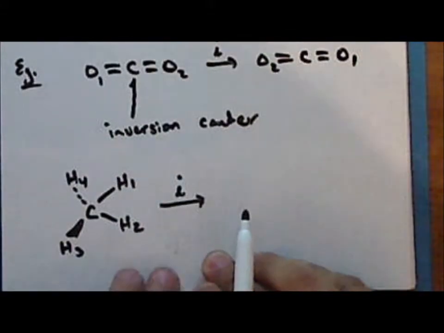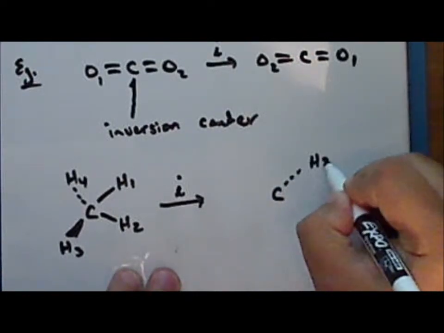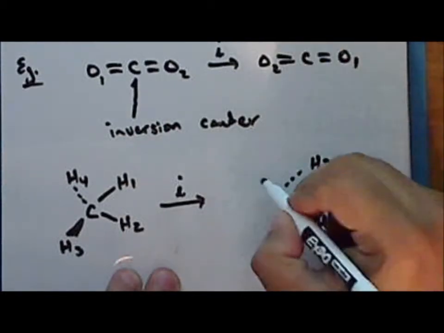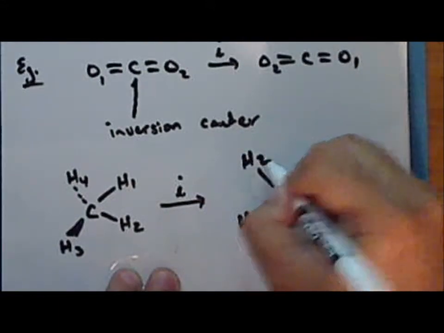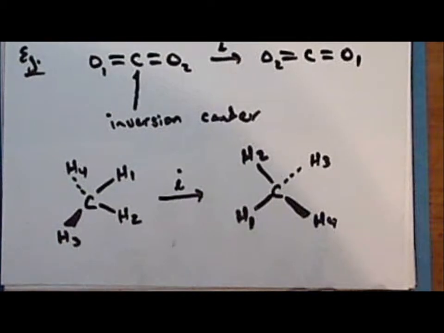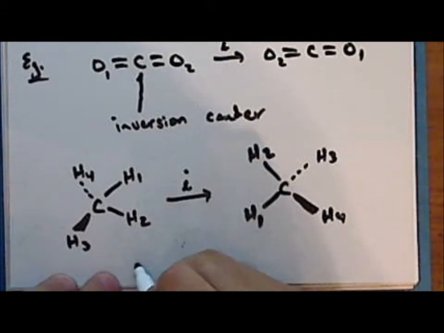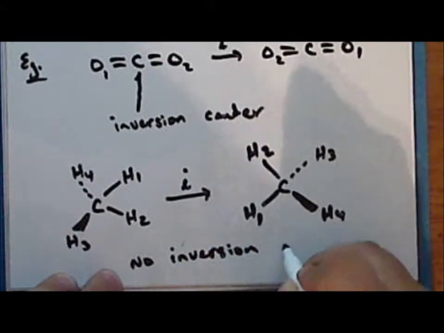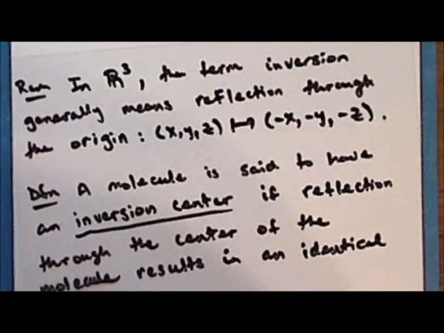If we invert this molecule, then we do not have an identical molecule. And so a molecule with a tetrahedral geometry does not have an inversion center. So let's look at a few more examples.